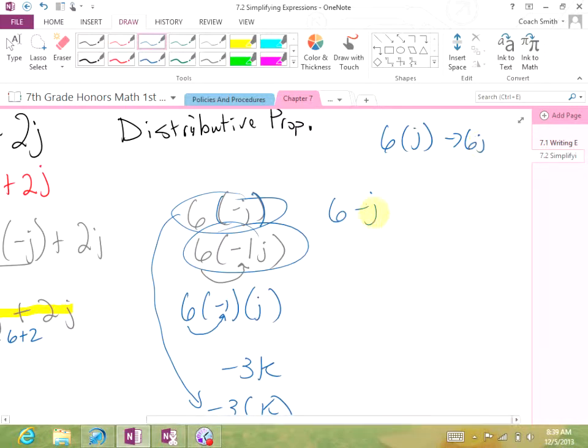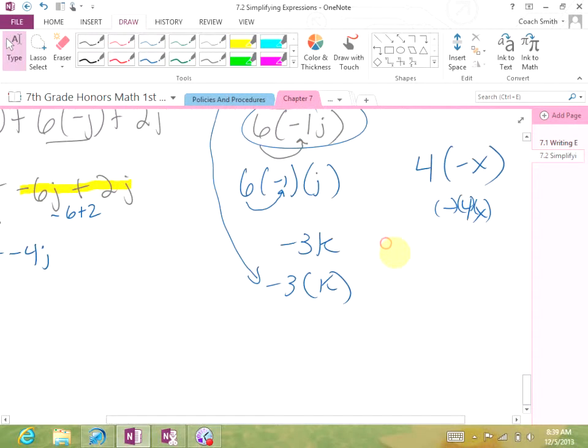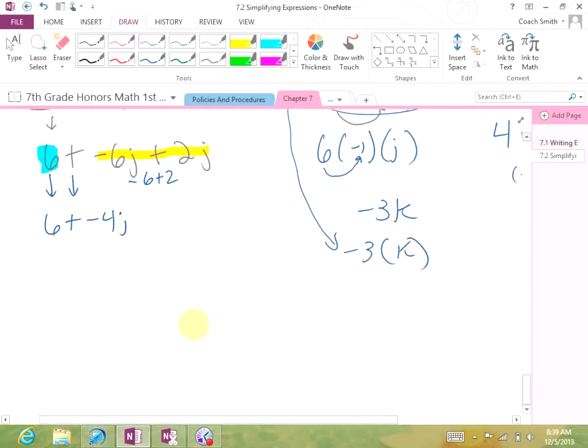The difference here is I have the minus sign, so that has to be negative 6j. Just like if it was 4 times negative x, that would be negative 4x. That's how you do it. You're treating it like 3 separate parts: the negative sign, the constant or coefficient, and then the variable. And so that's how we came up with the negative 6j.